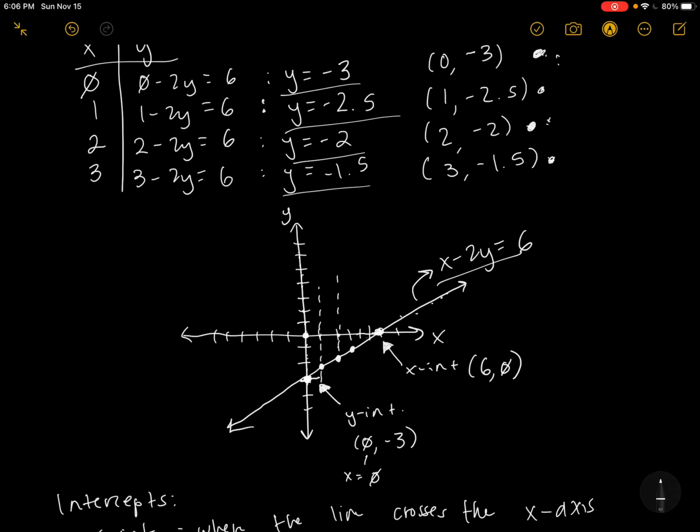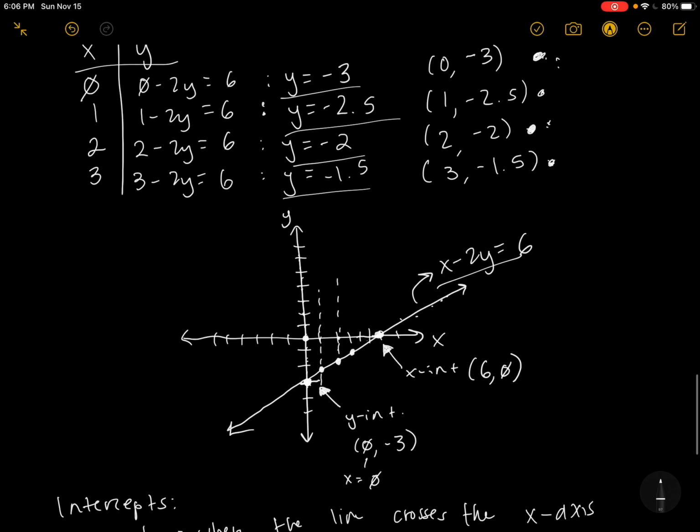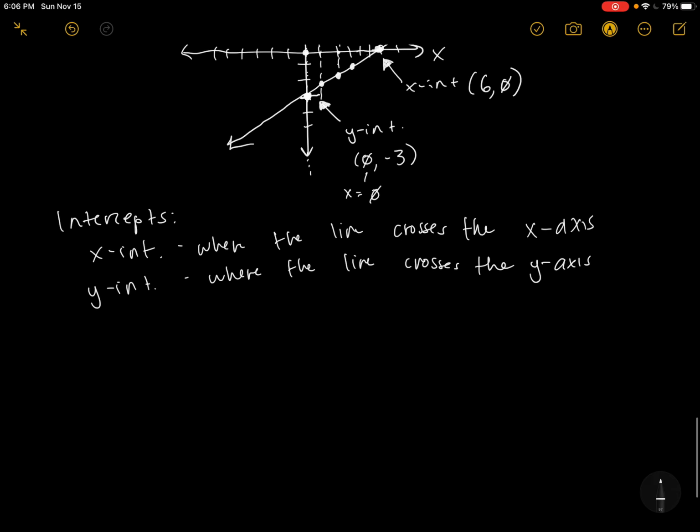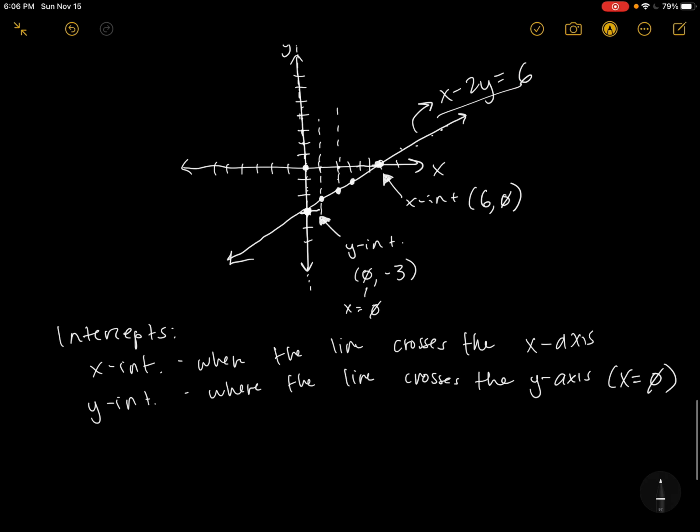If X is 2, we're on this one. But we want X to be 0 so that we can be directly here on the Y-axis. So the Y-intercept is where X equals 0. Following that logic, the X-intercept is where Y equals 0.